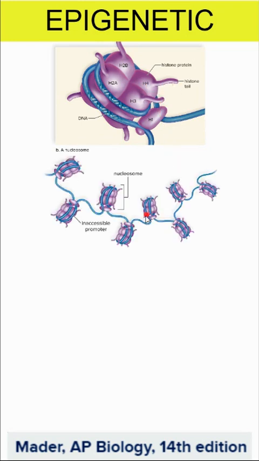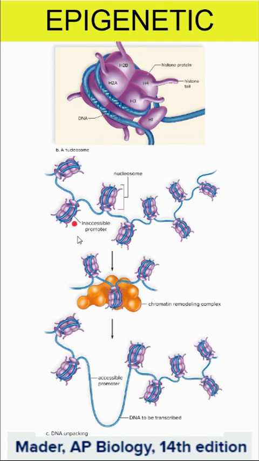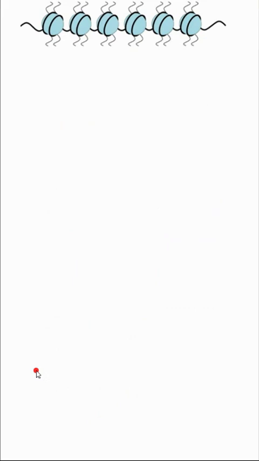So when the DNA is wrapped tightly around the histone proteins, promoters and genes might be inaccessible because they're wrapped too tightly. So you can have these different complexes that can get involved and loosen up the coils in order for promoters and the genes to be accessible.